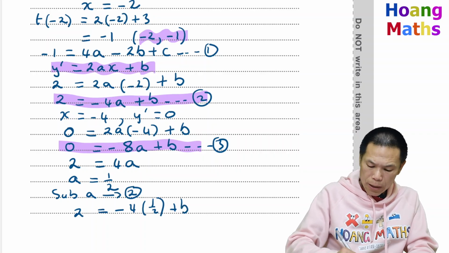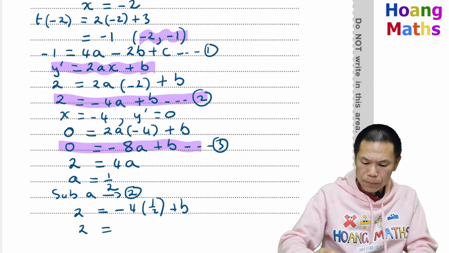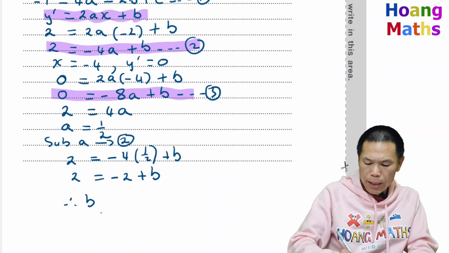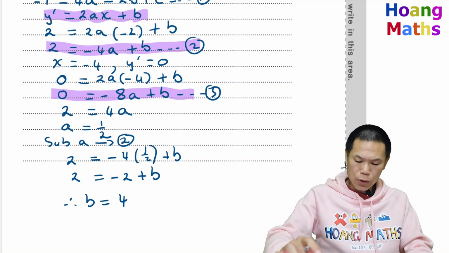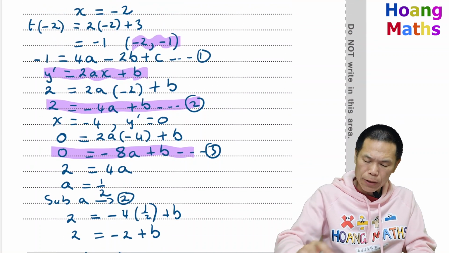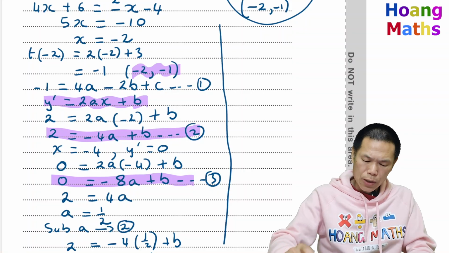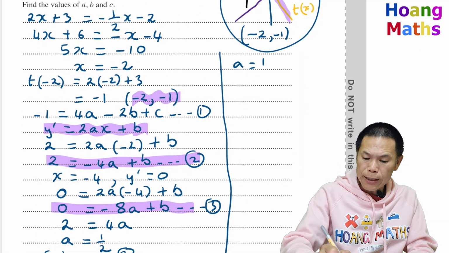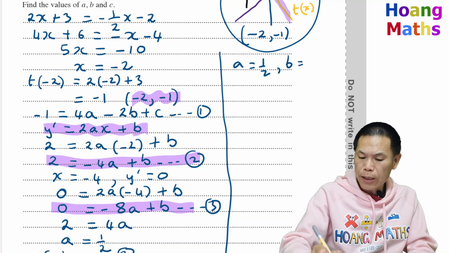So 2 is negative 2 plus b. Therefore, b is 4. So when b is 4, a is a half. Let me just write this down here first, okay? So a is a half, b is 4.